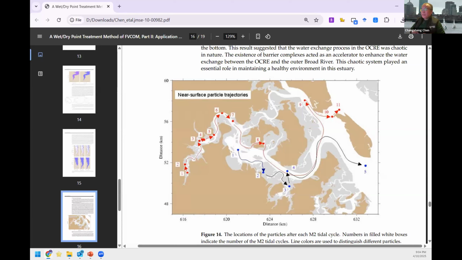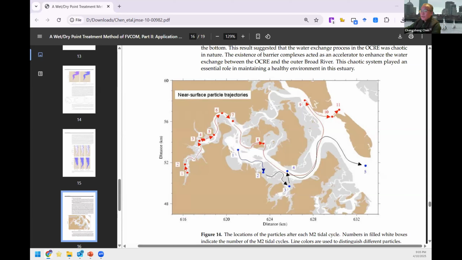Okay. So you can go to my paper, this one. You see, I mentioned the results suggest that the water exchange process in this bay was chaotic in nature. The existence of the barrel compress acts as an accelerator to enhance the water exchange between the bay and outboard river.